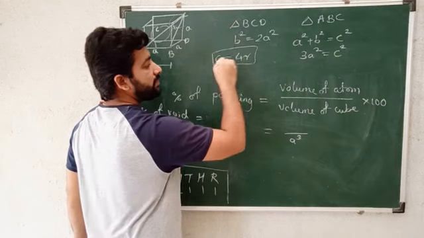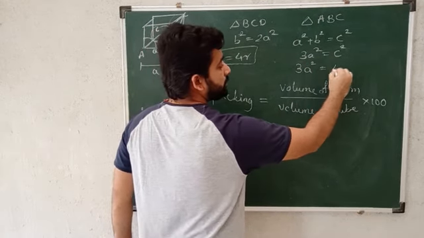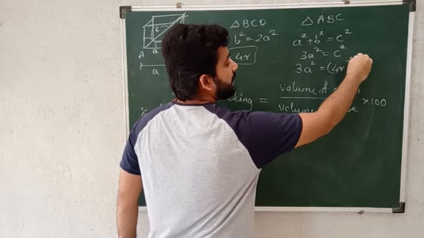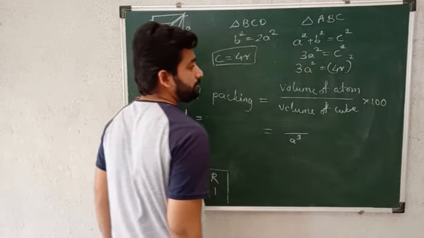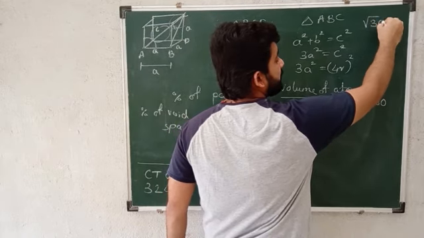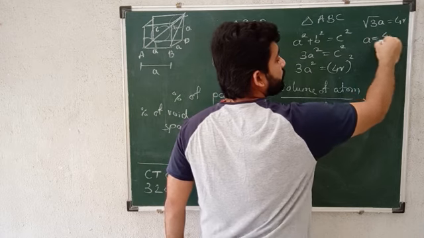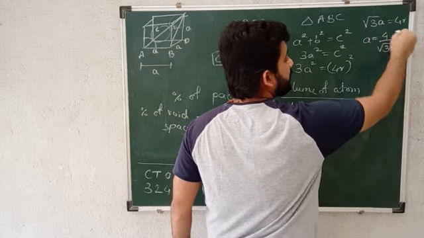Substituting the value of c, we get 3a square is equal to (4r) square. Now removing the square, we get root 3 a is equal to 4r. So a is equal to 4 by root 3 r.